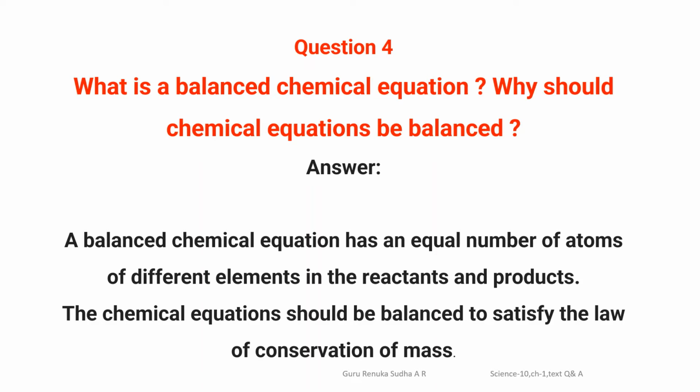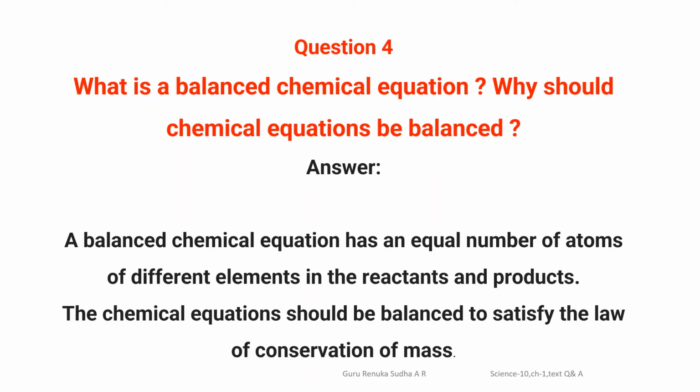The chemical equation should be balanced to satisfy the law of conservation of mass. So, based on this law of conservation of mass, we have to balance the equation. In this way, you have to write the answer for this question.